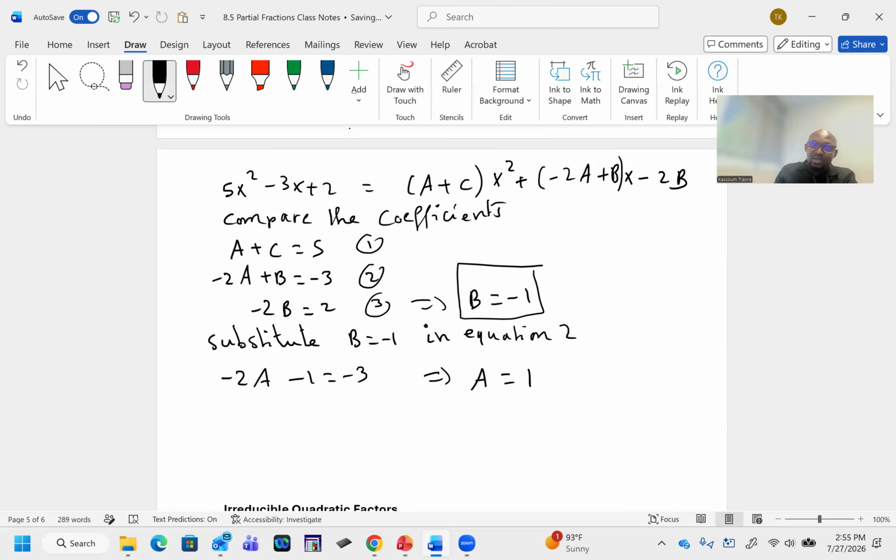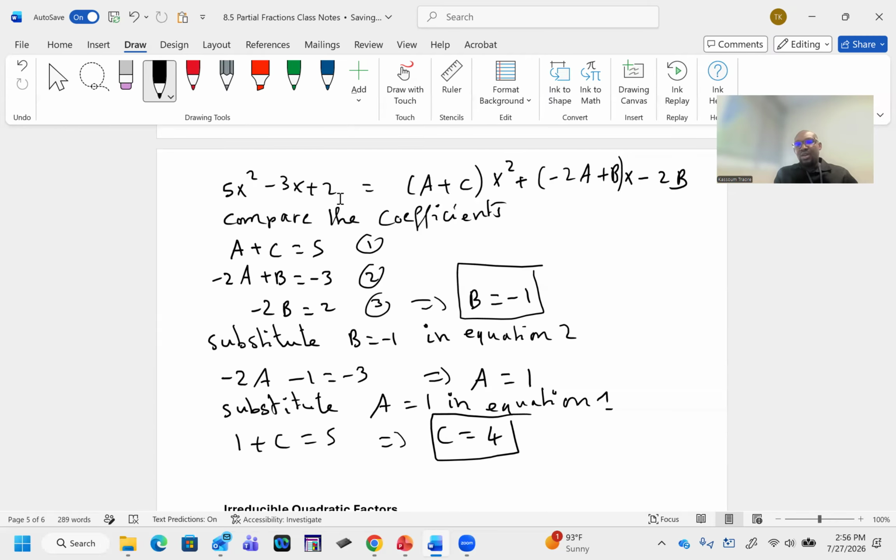And substitute a is equal to 1 in equation 1. We'll get 1 plus c is equal to 5, which means c will be equal to 4.